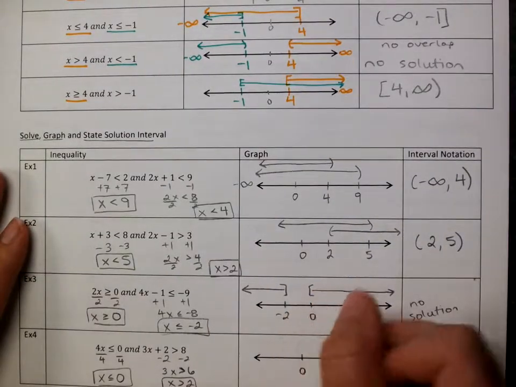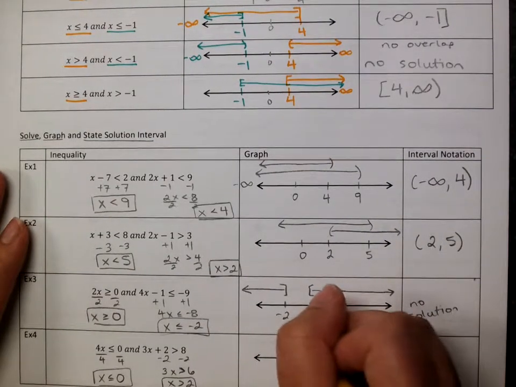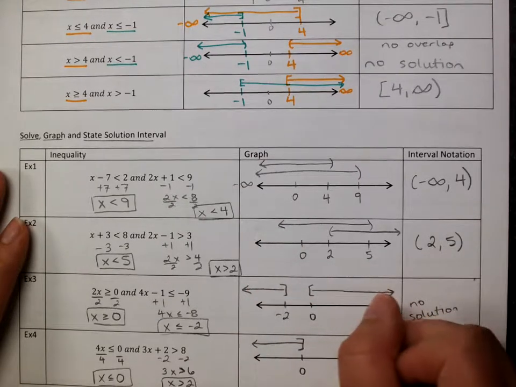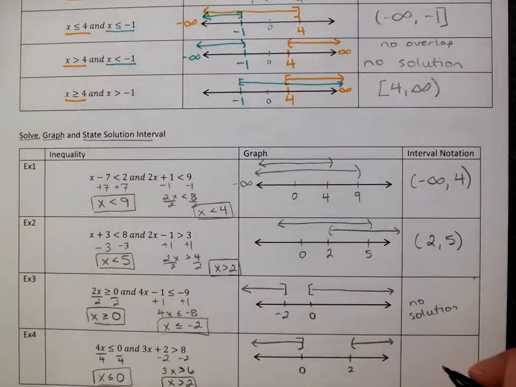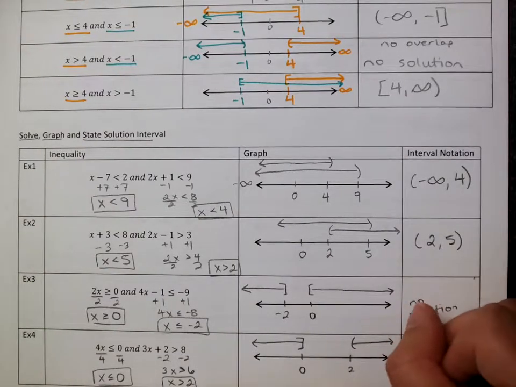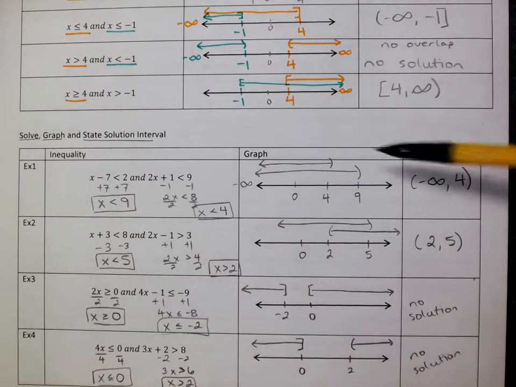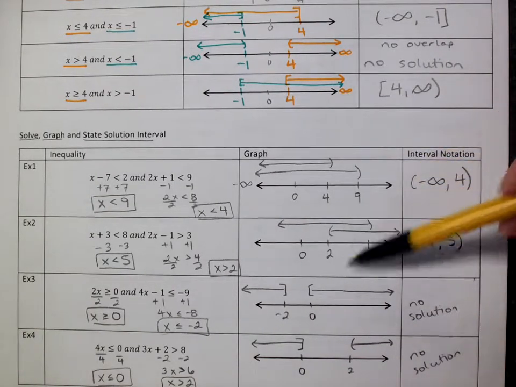So 0 is here. Less than or equal to 0 goes this way. And then greater than 2 goes this way. No overlap, so no solution. So the solution is only where they overlap.